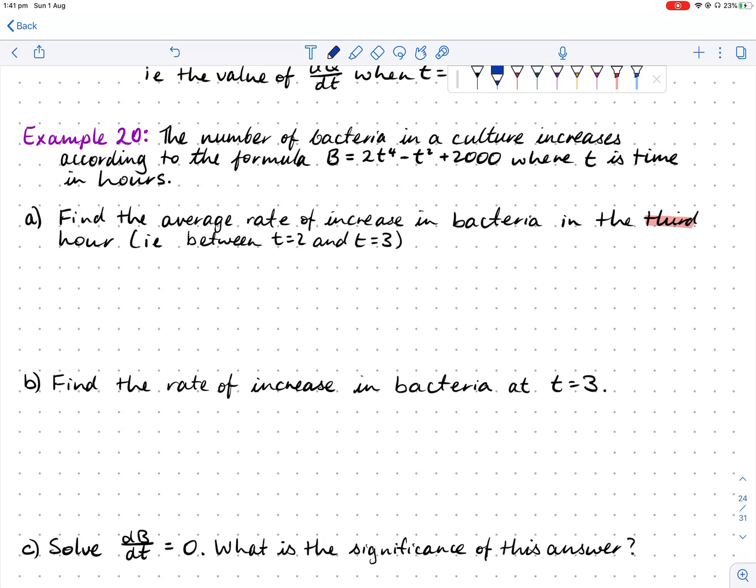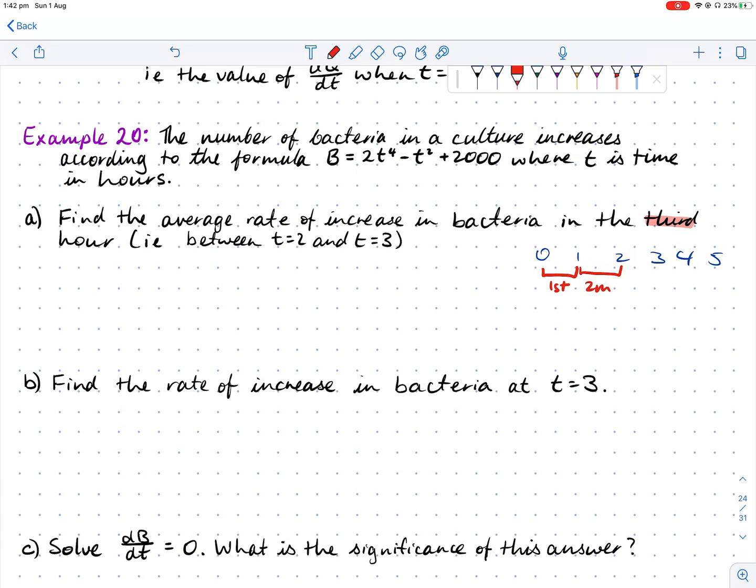If I'm looking at the third hour, the first hour is between 0 and 1.